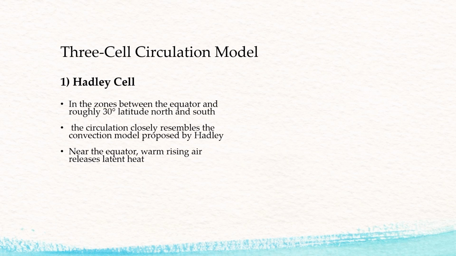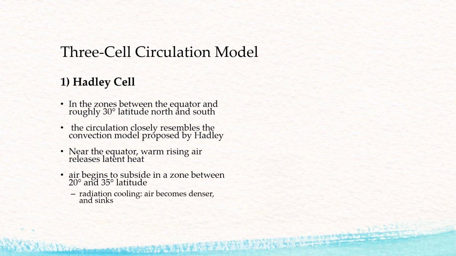Near the equator, the same concept, the warm rising air releases latent heat. And then the air begins to subside in the zone between 20 degrees and 35 degrees. This subsidence of the air is because of radiation cooling.